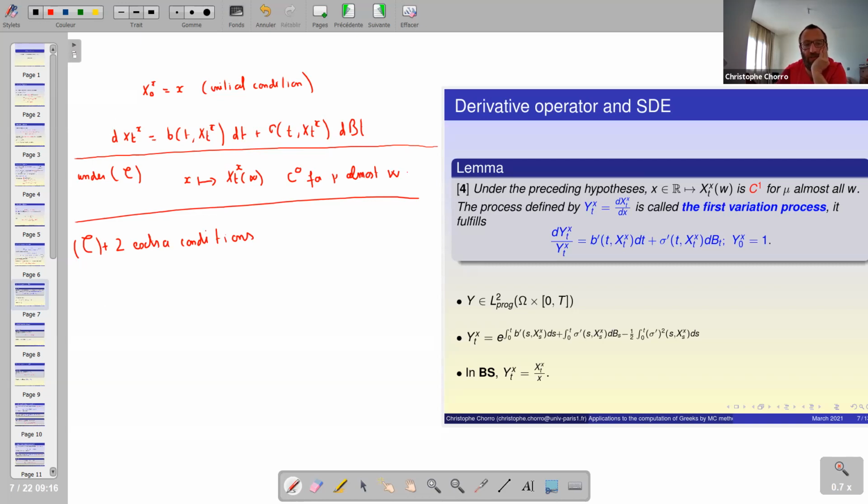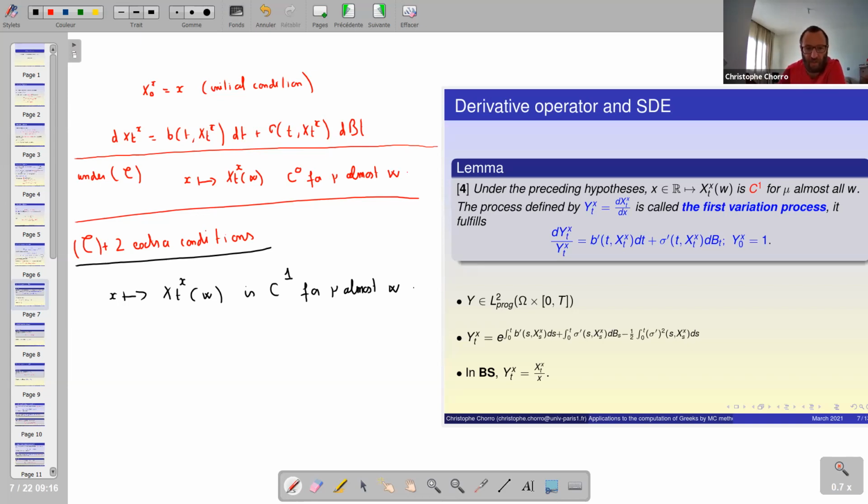So under these conditions, if I study the regularity of the dependence of the solution at time t with respect to the initial condition, then this mapping is C1 for mu almost W. Okay, so it means that I can compute its derivative, and that its derivative is continuous in the initial condition.